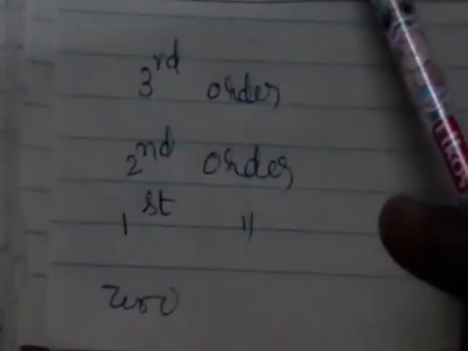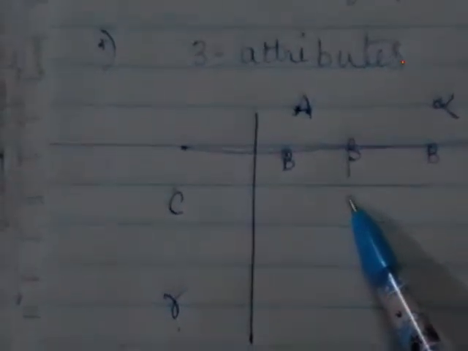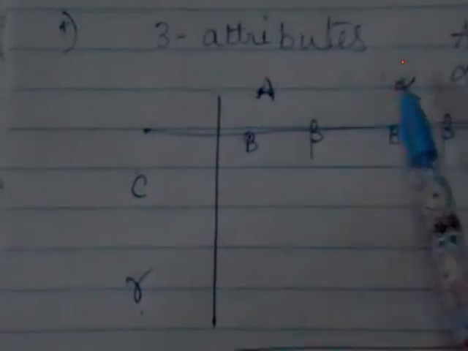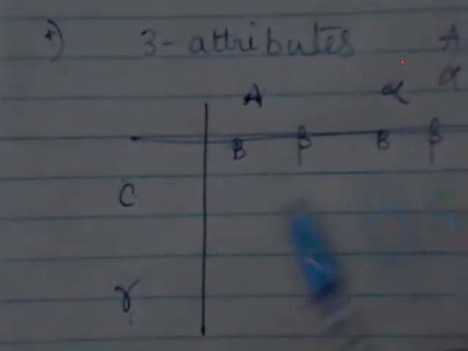In the case of 3 attributes, you will find third order, second order, first order and 0 order. To see the number of classes for first, second, third, let us follow this table. Write A, alpha here, then C and its negative class, B, beta, and C, gamma. The highest order you are going to get is third order, A, B, C.